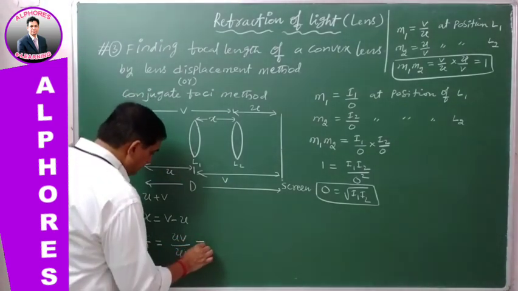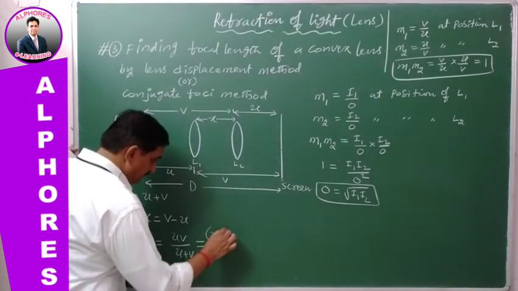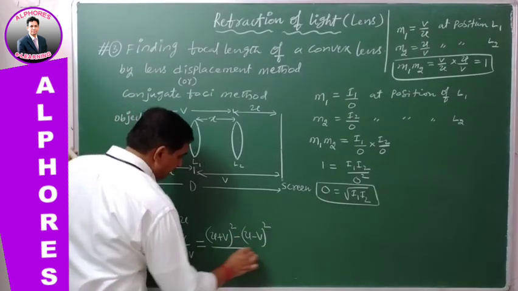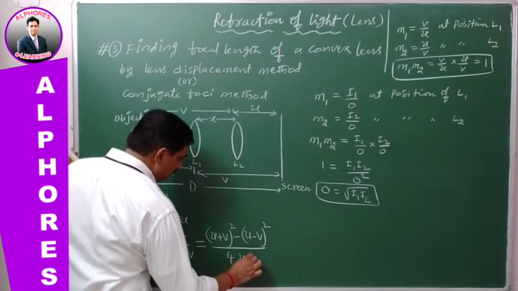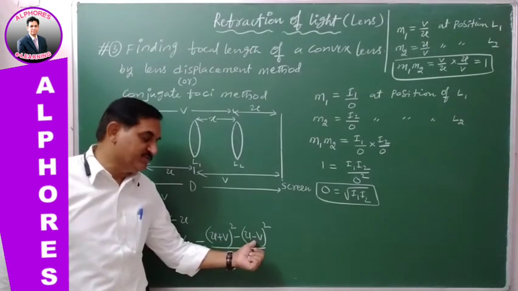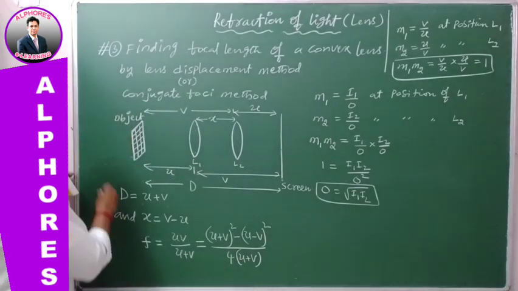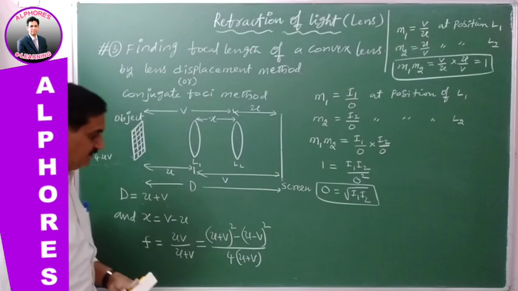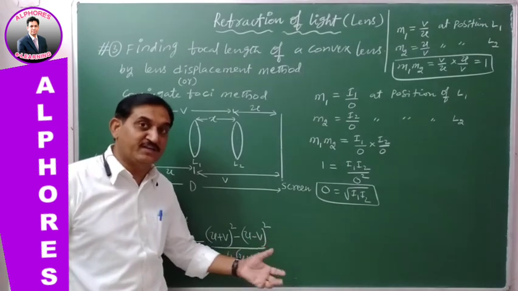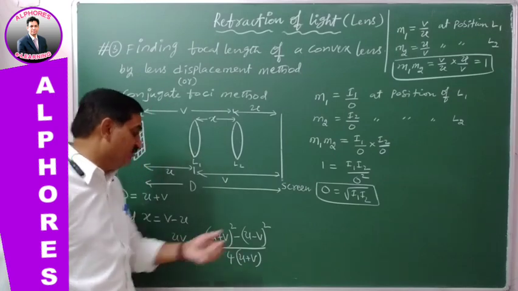So this can also be written as U plus V whole square minus U minus V whole square by 4 into U plus V. If you expand and simplify, you will get 4UV in the numerator, since A plus B whole square minus A minus B whole square equals 4AB, over 4 into U plus V. The 4 gets cancelled.